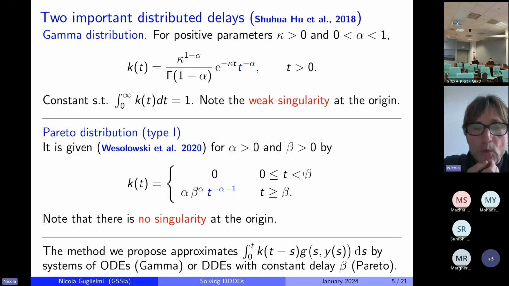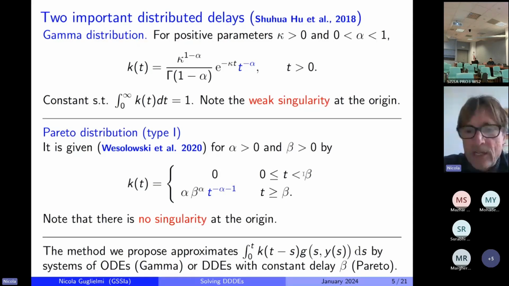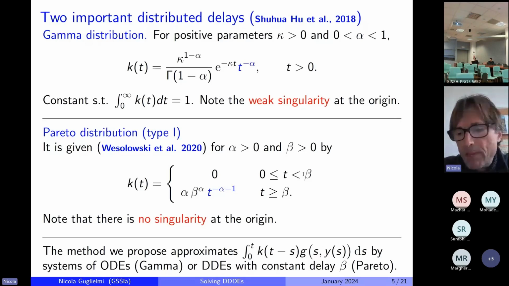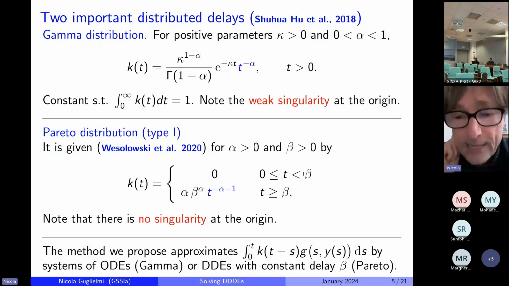It is to replace essentially this kind of integro-differential equation by systems of differential equations or delay differential equations, which approximate them in a suitable and possibly optimal way. This has been possible by the method that I'm explaining in the next few slides.